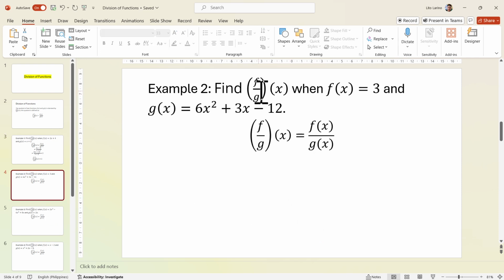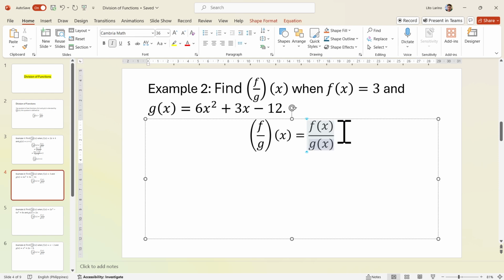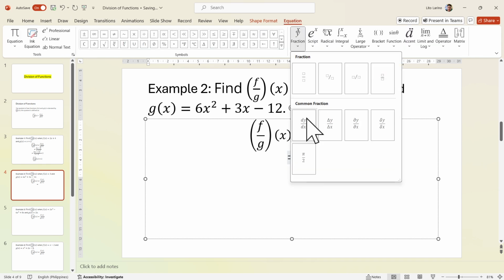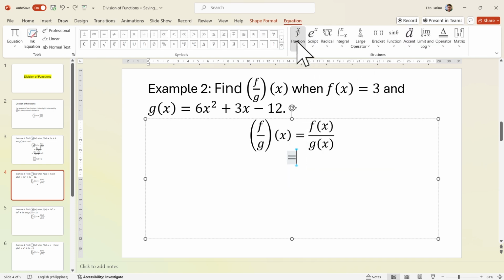Find f over g of x when f of x is equal to 3 and g of x is equal to 6x squared plus 3x minus 12. So let's substitute in our expression. What's the f of x? That's 3.